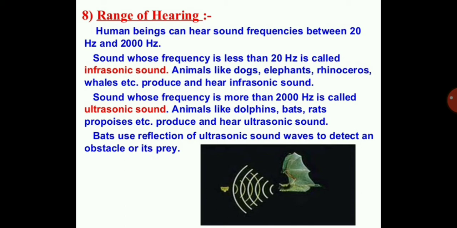If the reflections are very fast, then it gains the knowledge that the prey is nearer to it. If the reflections are coming very slow, then it understands that the prey is very far, okay. So to detect its obstacle or its prey, the ultrasonic sound is used, okay.